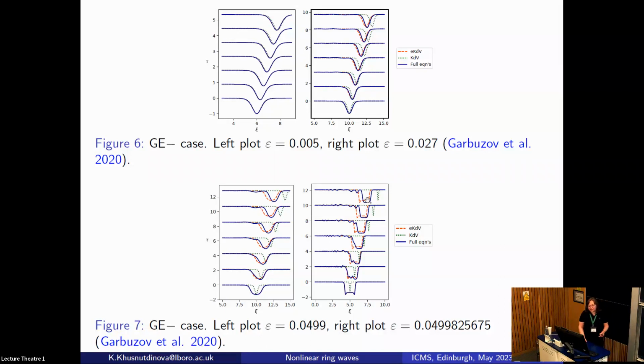So my message here, at least in the context of this study, was that the model has worked for greater values of epsilon, and even in the case where we did not expect it to work and it did not work, it still can be used very successfully as a useful initial condition and help you to quickly find the soliton solution.